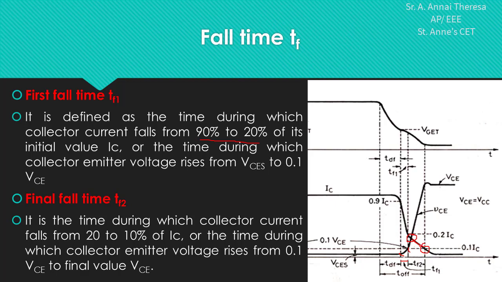And VCE increases from 0.1 VCE to the maximum value, that is the VCE value. This is the final fall time. So turn off time is equal to delay time plus first fall time plus final fall time. This is the turn off characteristics.